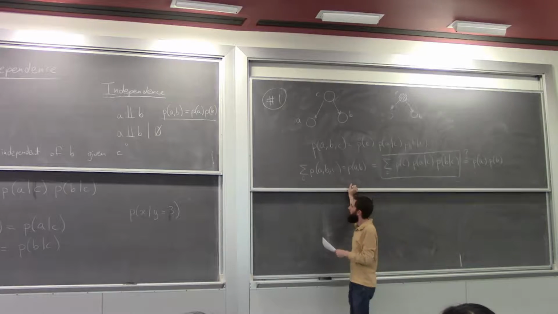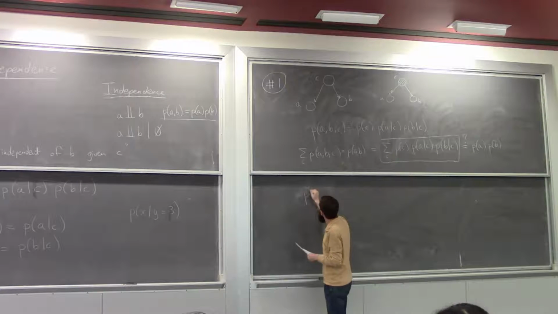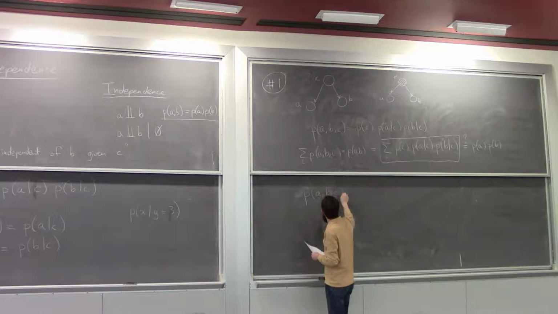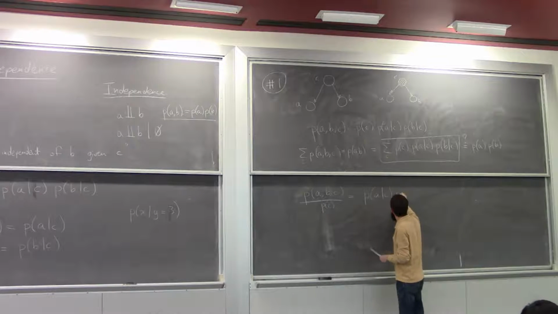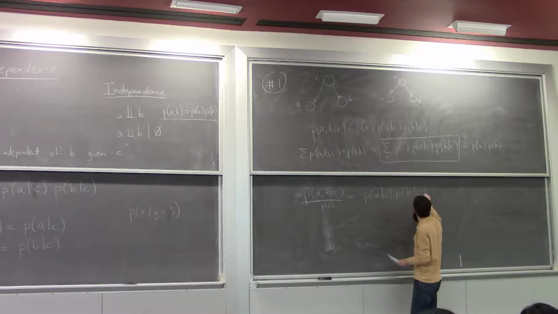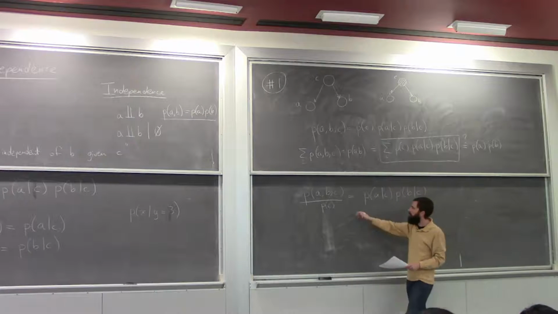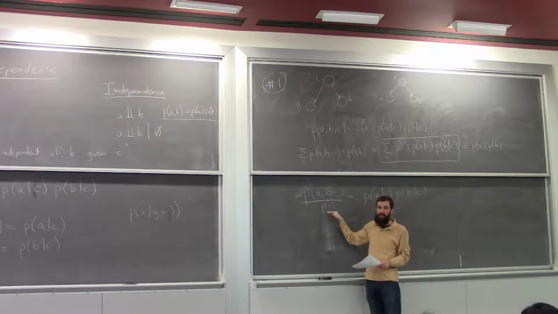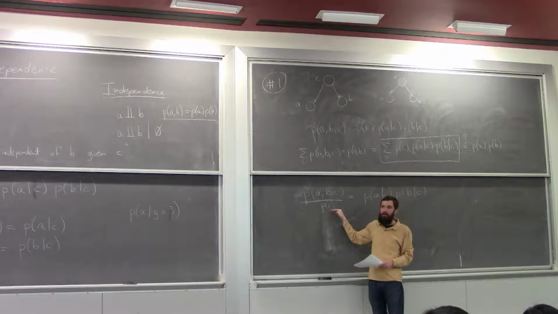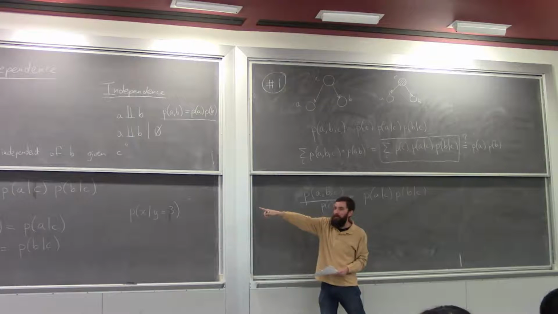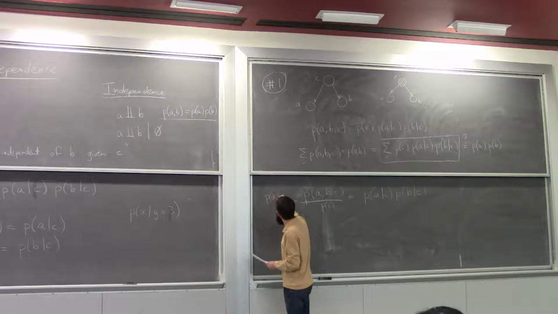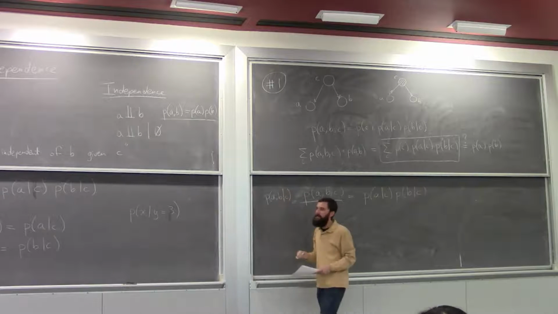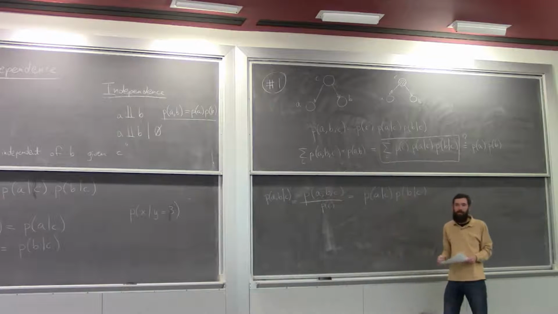If I do that, everybody hopefully recognizes this is just what? Yeah, exactly. It's what we want on the left-hand side there. So this is equal already to P of A and B given C. That's just the definition of that conditional probability.